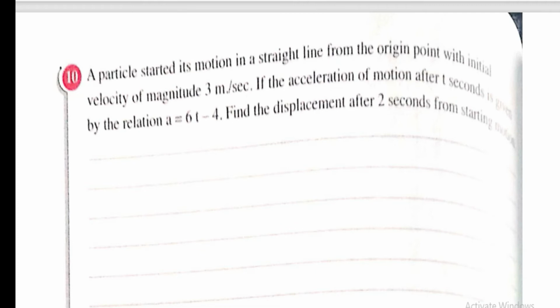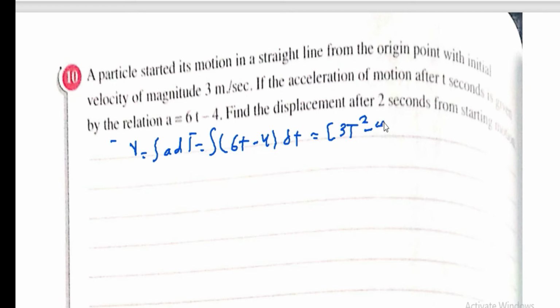If the acceleration of motion after t second is given by 6t minus 4, find the displacement after 2 seconds from the starting motion. v equals integration of a dt, equals integration of 6t minus 4 dt, equals 6t squared divided by 2, 3t squared, minus 4t, plus constant c.